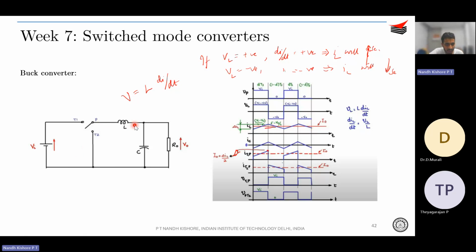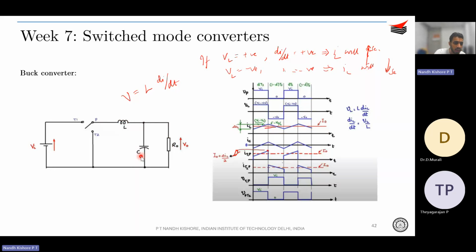So this is the inductor current, and you can understand that the inductor current is composed of an average component called I naught, since the inductor is towards the load side, and there is of course the ripple component of delta IL. A capacitor ideally blocks DC, so it cannot take this average current, it will take only the AC component.